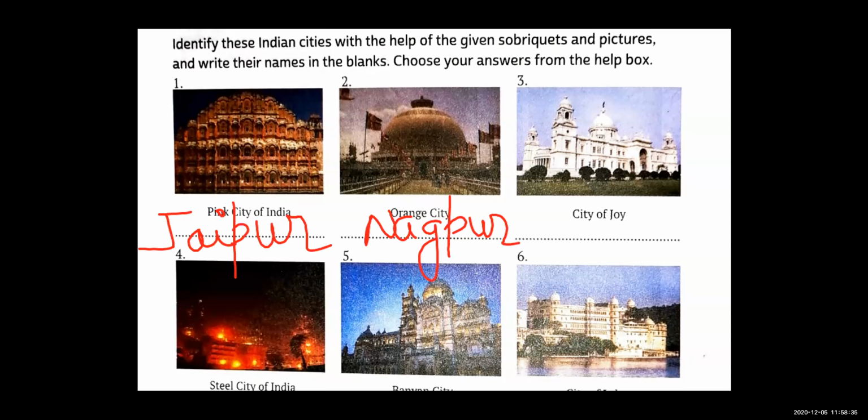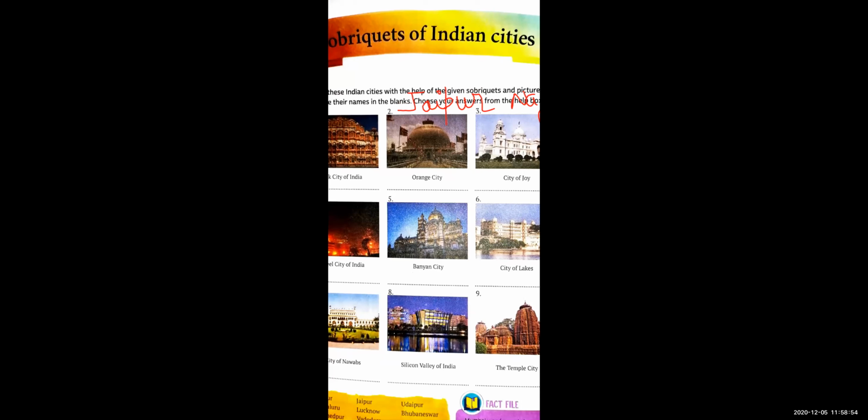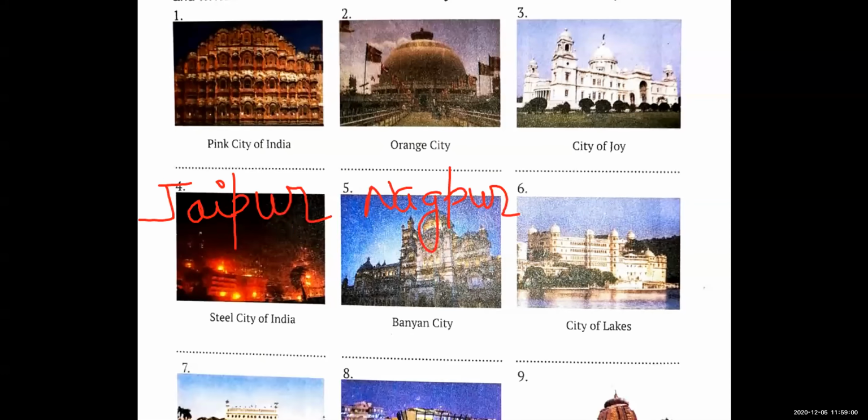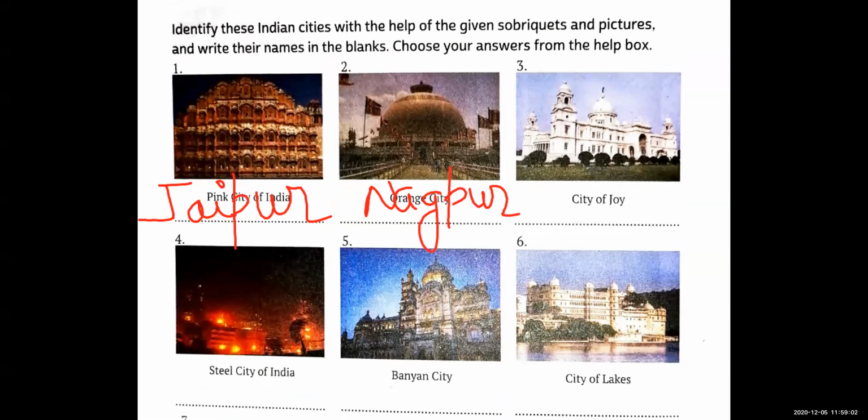Why? Because the city is full of culture, love, mystery, respect, and enthusiasm, and it is very famous for sweet dishes. And so, Kolkata has been named as the city of joy.